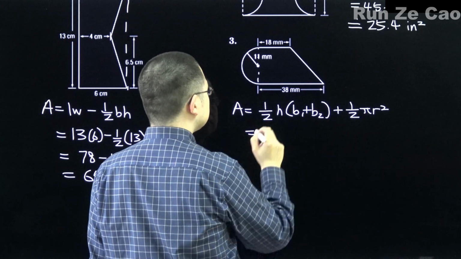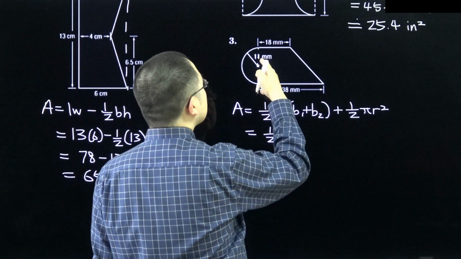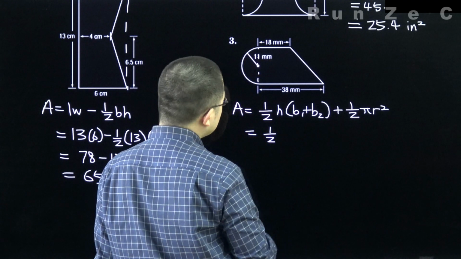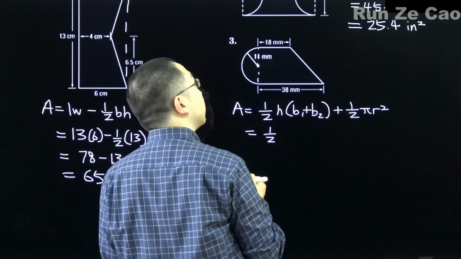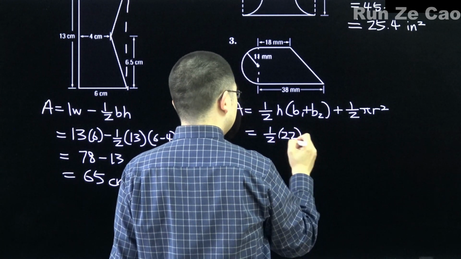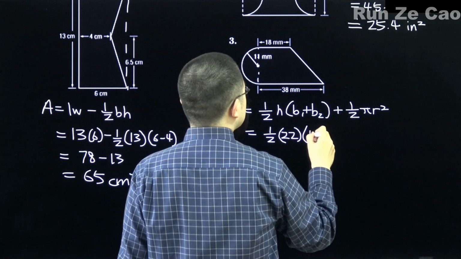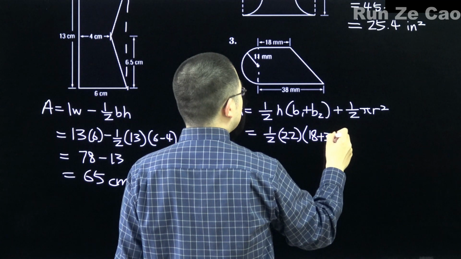So that's 1/2 times height. 11 millimeters is the radius. So twice that is going to be 22 millimeters. And base 1 plus base 2, that's 18 plus 38.